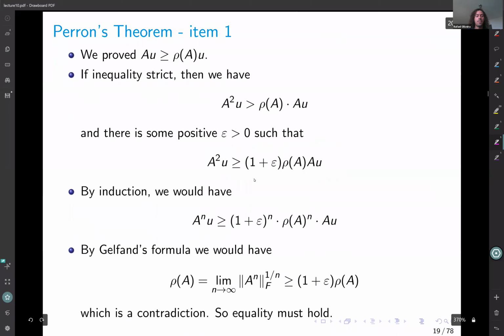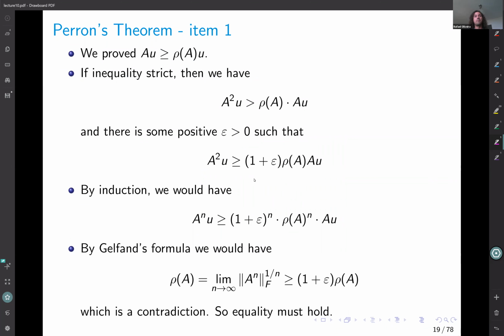And now, by Gelfand's formula, what do we have? Let's look at Gelfand's formula. We know that rho of A is the limit of the Frobenius norm of A to the n, to the power of 1 over n. But we know that this norm has to be greater than or equal to 1 plus epsilon times rho of A, because when I take A to the n times u here, I'm getting exactly that this inequality holds.